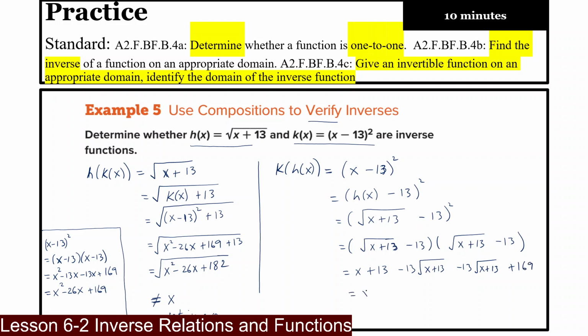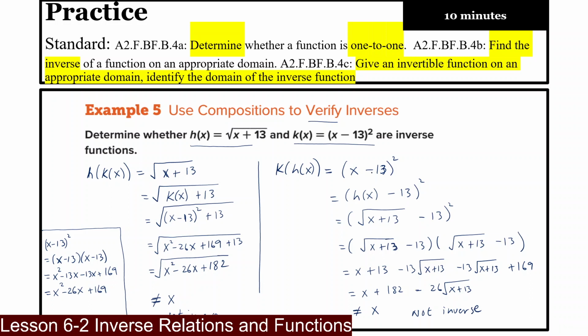So here I got x plus 182 minus 26 times square root of x plus 13. Minus 13 and minus 13 add up to minus 26. Well, this does not equal x. So not inverse.